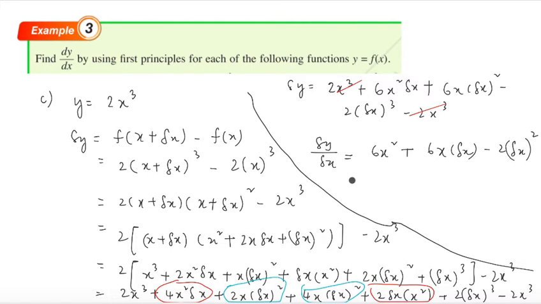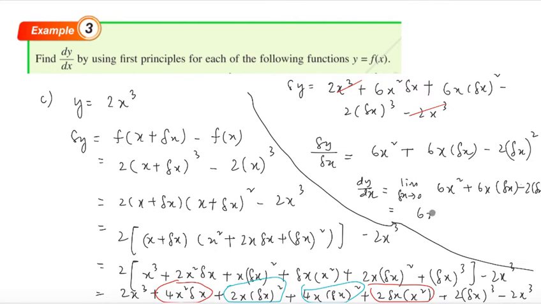Continue here. dy dx equals to limit delta x approach 0, delta y over delta x, 6x squared plus 6x delta x minus 2 delta x squared. Now I substitute delta x equals 0.